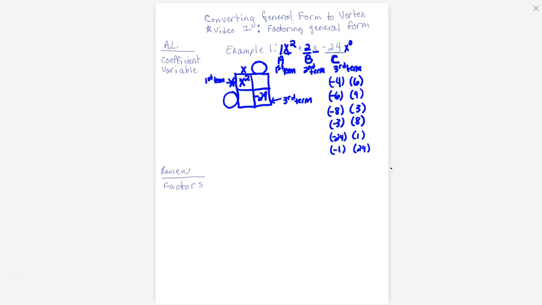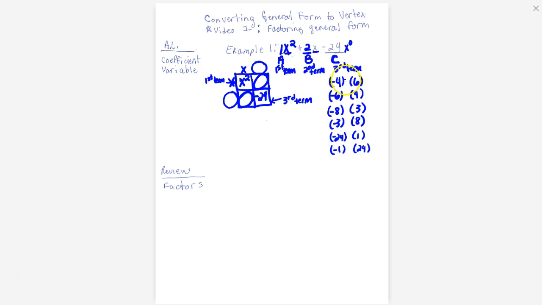Now, let's go back and actually add these numbers up, because what we know is that whatever we add up in these two boxes, our last two boxes, has to equal the second term. So whatever we add up in there has to be positive 2x, okay? But our x is already there on one side, so which of these factor pairs are going to add up to be positive 2, which is our second term there?